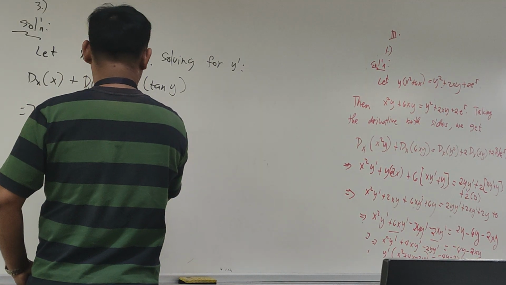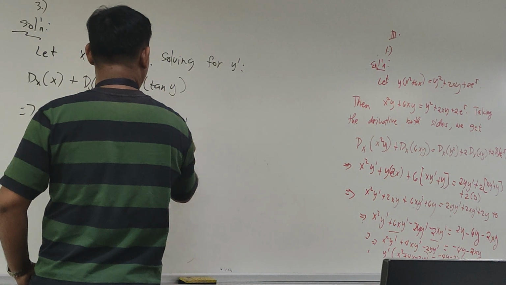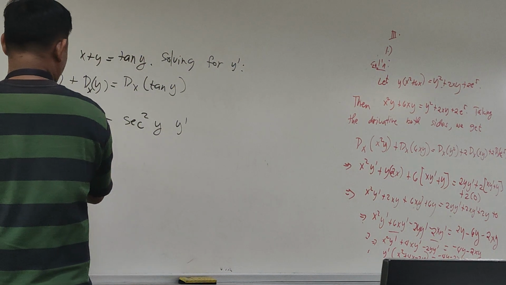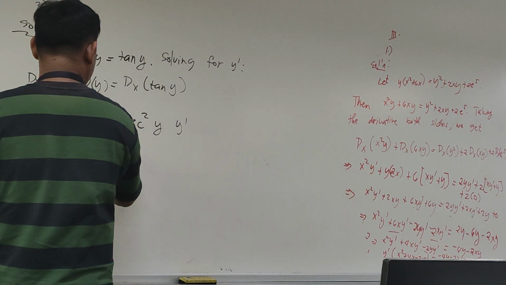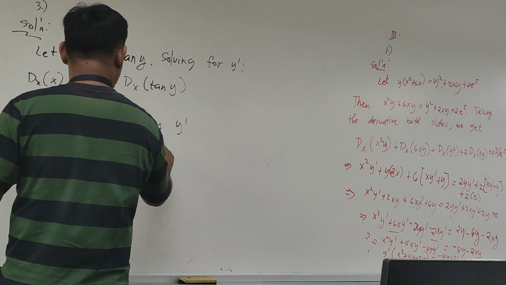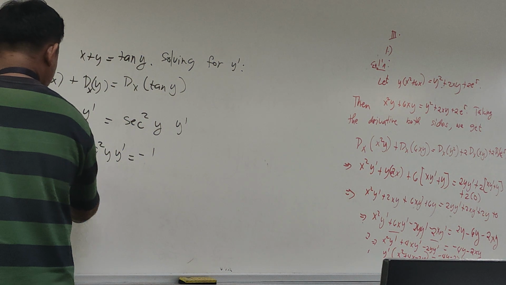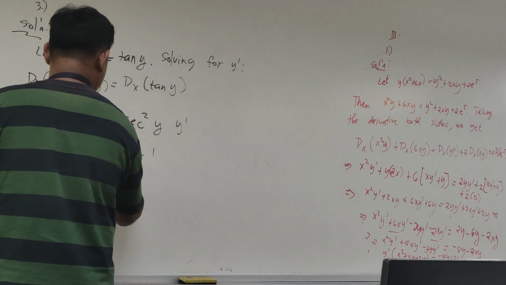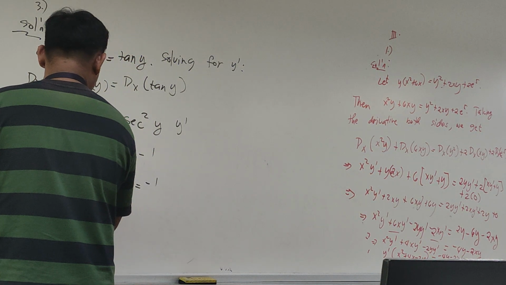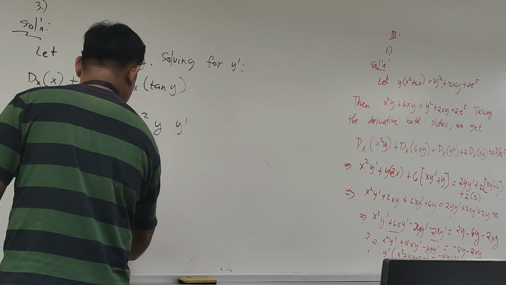This is secant squared of y times y prime, right? So we have y prime minus secant squared y prime. Y prime is 1 minus secant squared y. So we get y prime is just negative 1 over 1 minus secant squared.